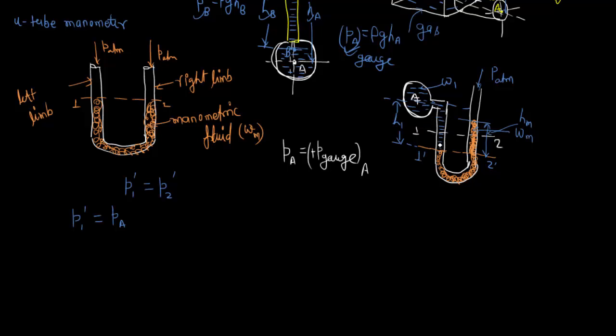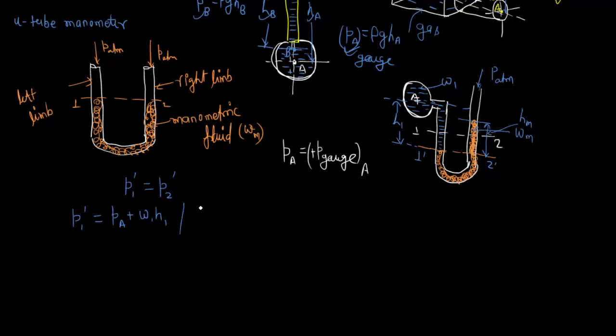So at this point the pressure will be equal to PA plus, because the pressure intensity is increased, and according to the hydrostatic law, over the depth the pressure will be equal to W1 H1. Actually this is rho 1 g, so this is W1 H1. So this is the pressure intensity at the point 1 dash. So P1 dash will be equal to PA plus W1 H1.